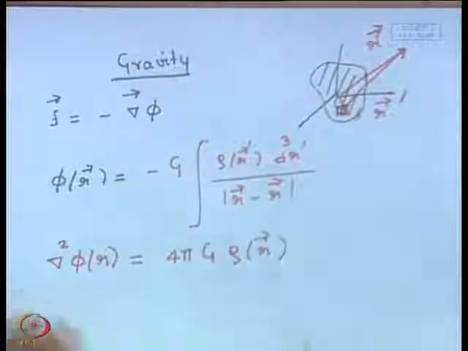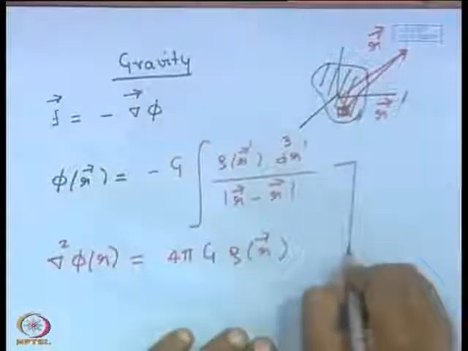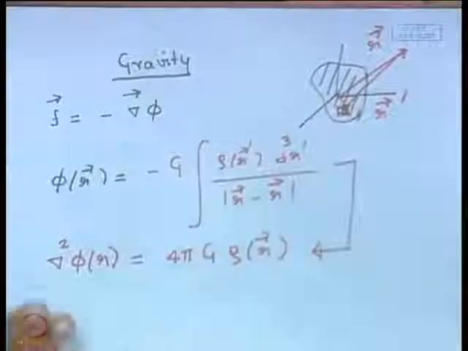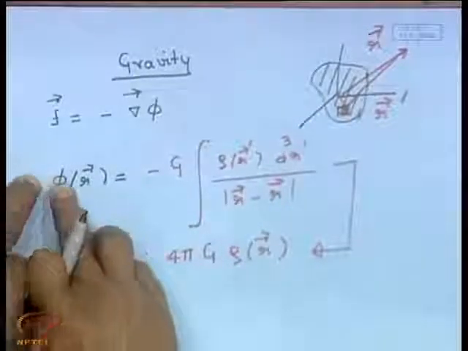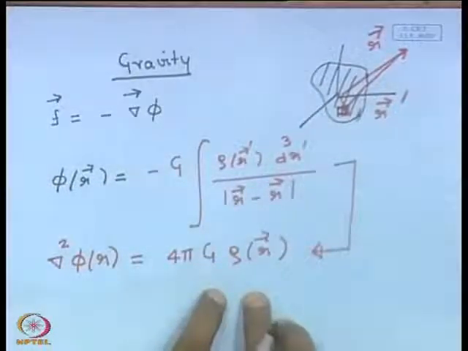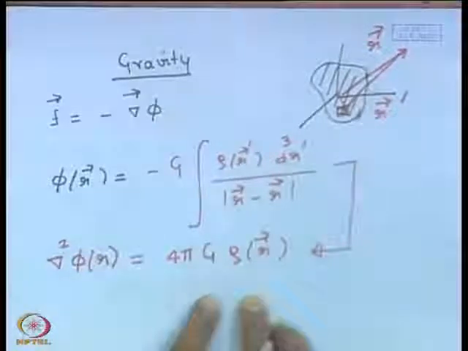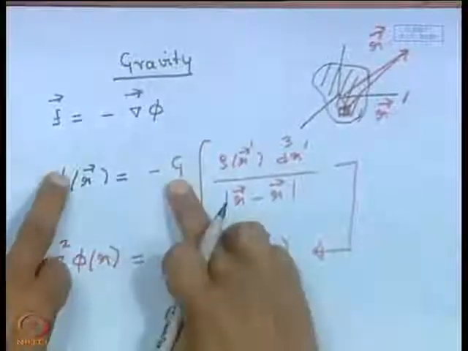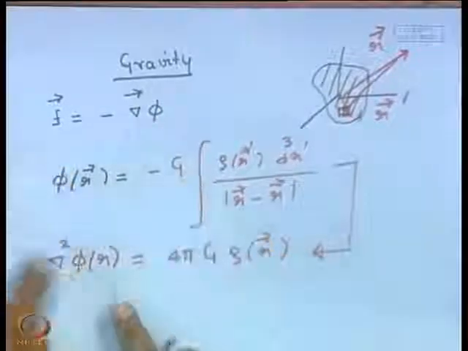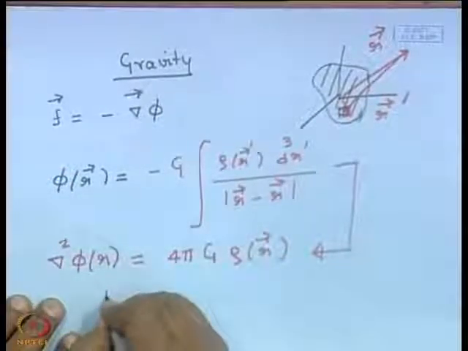Okay. So, this is the same equation as this, these are identical. If I take the Laplacian operator and act it on this phi, I will get this. Or if I integrate this equation, I will get this as a solution. And this equation is called the Poisson equation.